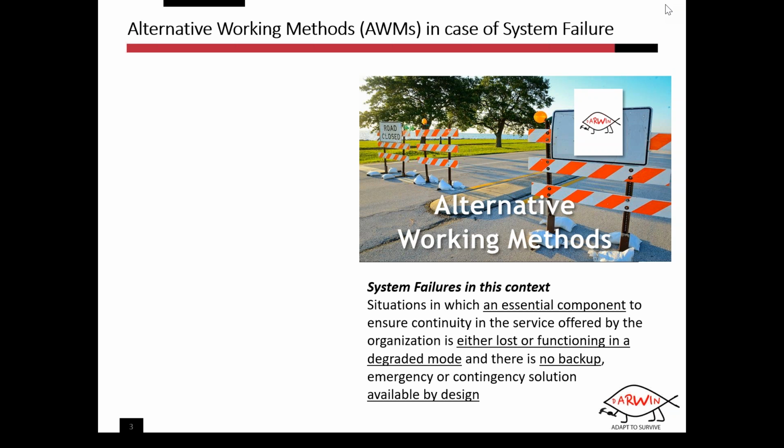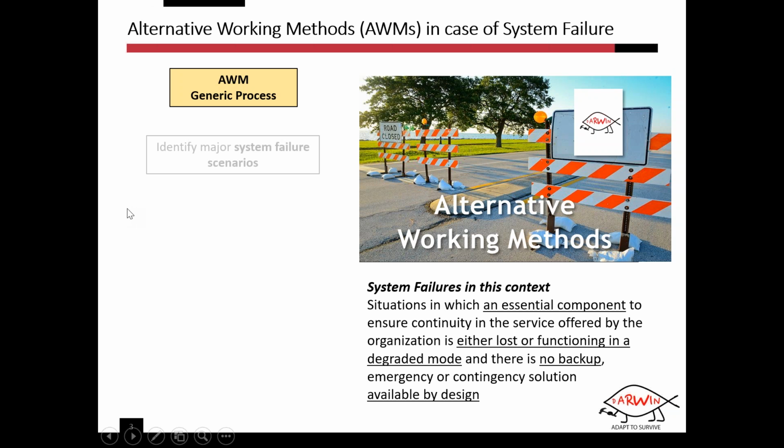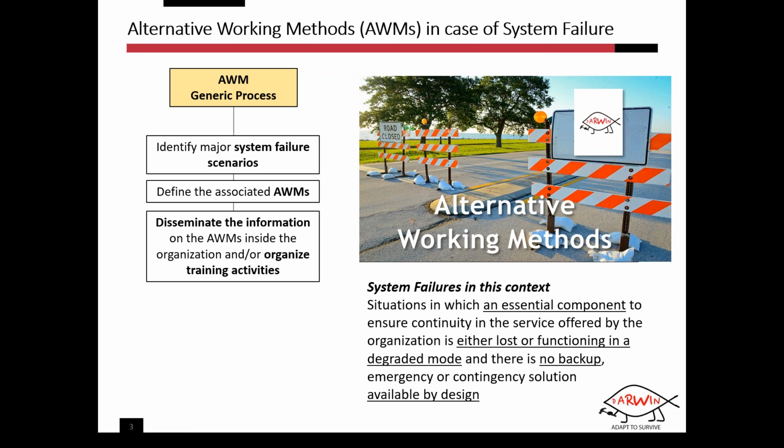Okay, so if we just think about this kind of situation, what the concept card is saying to you is that, of course, first you have to stop a moment and think about identifying what could be some of the major system failure scenarios, something that maybe could happen or has happened, and then start to build from this kind of awareness. Okay, maybe this could happen, maybe this has happened and it's not clear by the time how to respond.